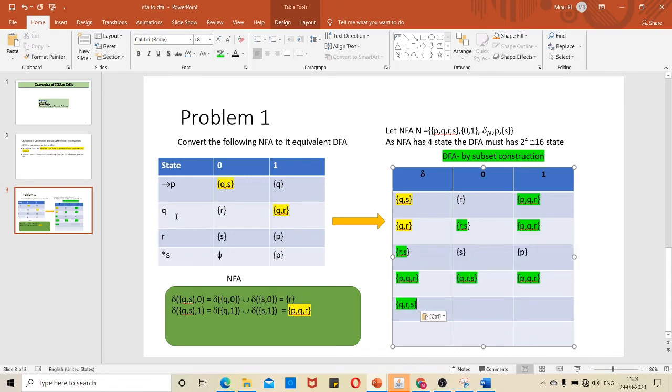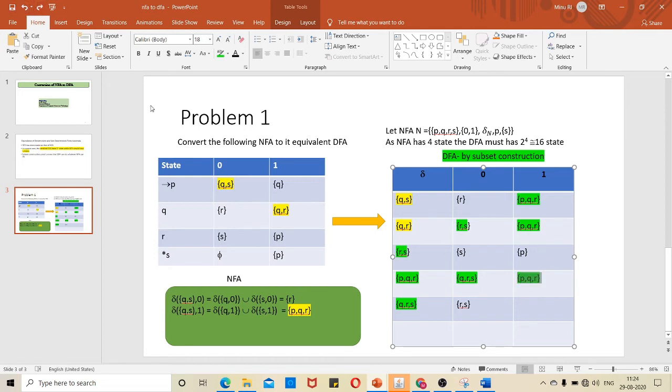So with respect to q, r, s, wait, have I done anything wrong? Okay, fine, it's correct only. With respect to q, r, s, combining these it will be r comma s, so simply r comma s. And with respect to 1 it is p, q, r, so the same p, q, r is repeating.